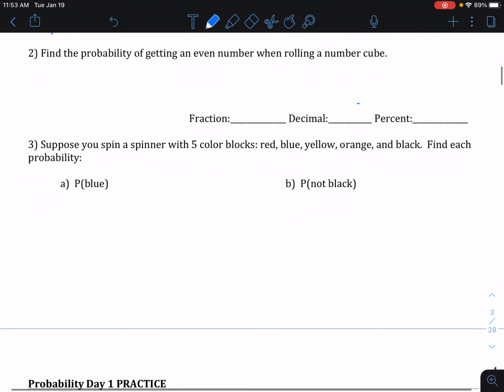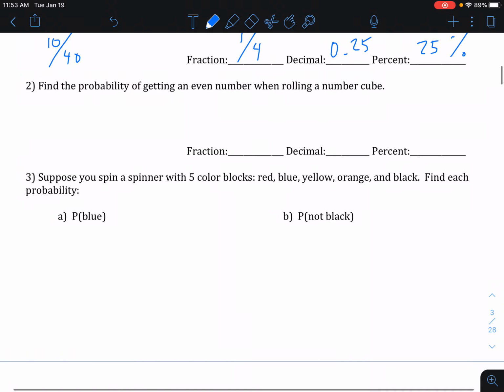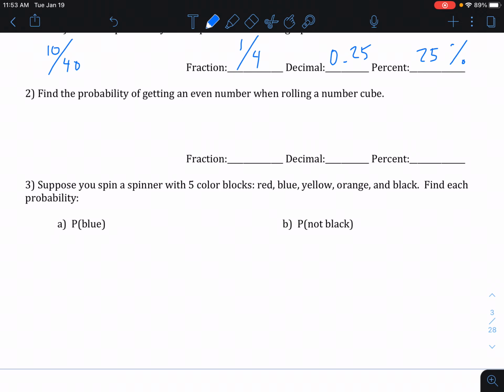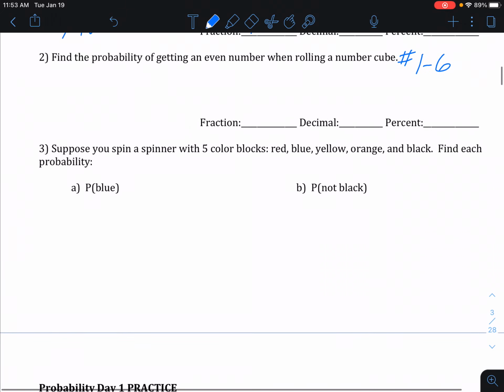Number 2, try this guy out. Find the probability of getting an even number when rolling a number cube. Number cube, again, if it doesn't specifically say, we're going to say number cube is the same thing as a die or dice. So anyway, that would be 1 through 6 sides. So the probability of getting an even number would be the numbers 2, 4, or 6.